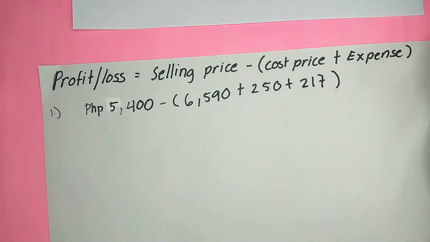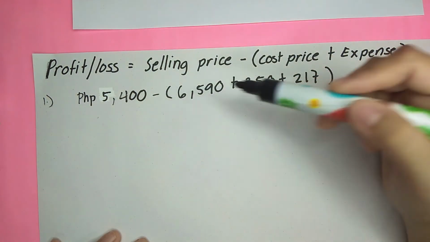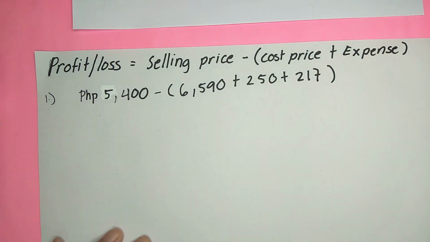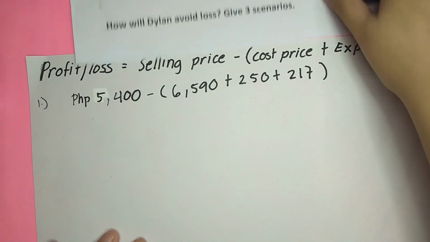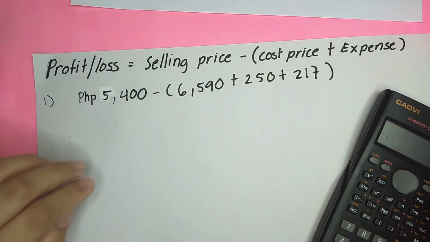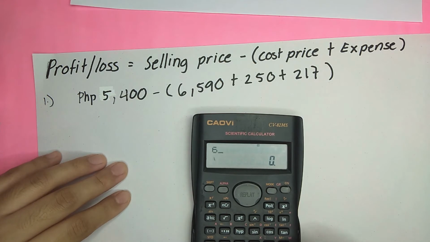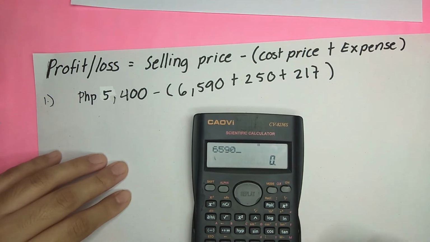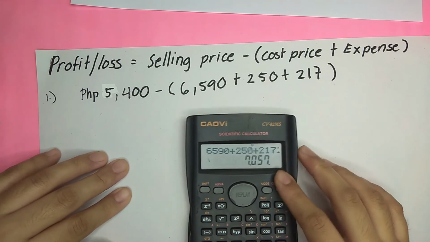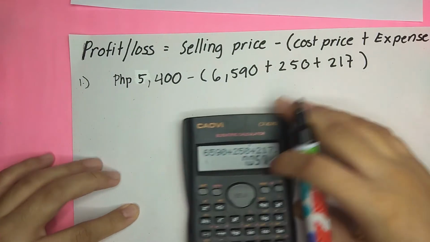Okay, so gusto ko lang sabihin na nakalimutan ko ulit ilagay yung Philippine peso. Pero you got the point. Okay, unahin natin i-solve ang nasa parenthesis. So, papag-add natin lahat yan. So, 6,590 plus 250 plus 217 is equal to 7,057 pesos.